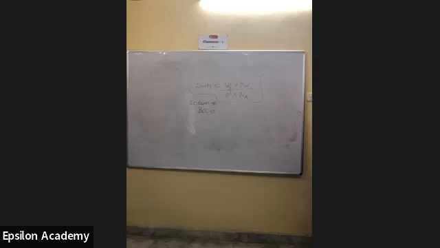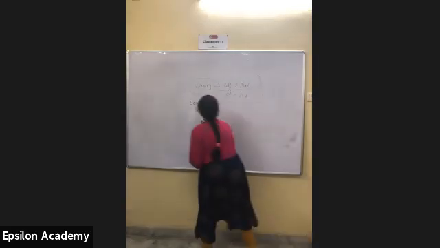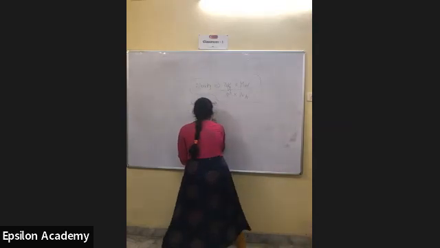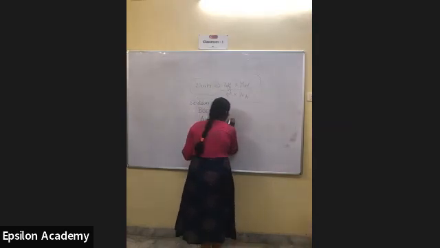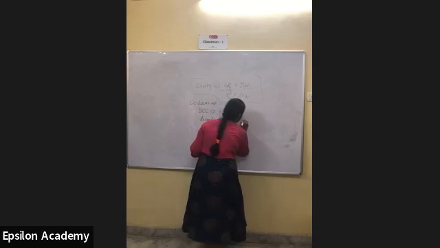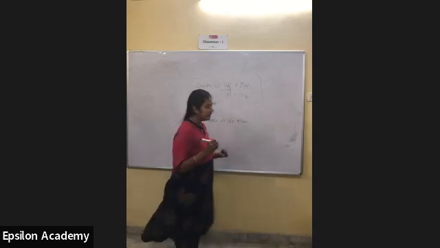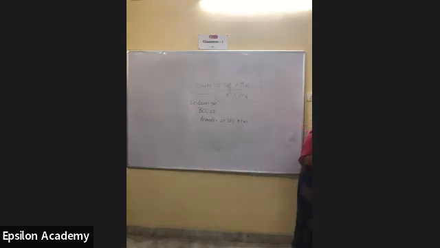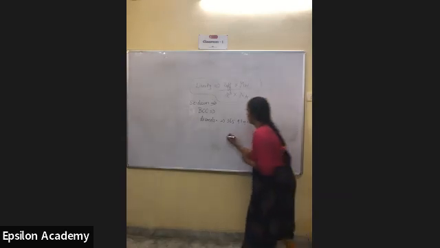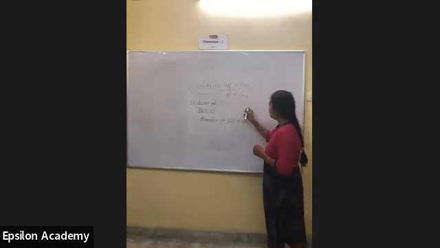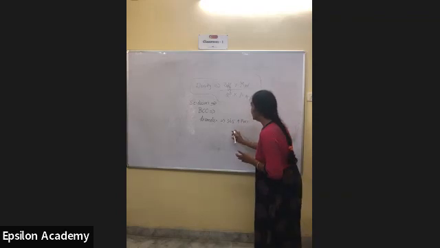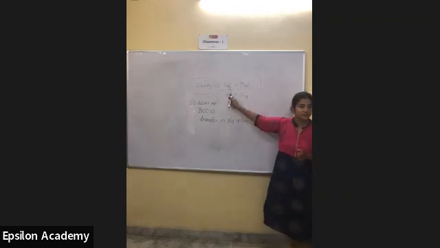So this distance from the closest neighbor means it is the diameter. So diameter is 365.9 picometer. And what they have asked us to calculate is to find the density. So for this, what we need initially is the a.